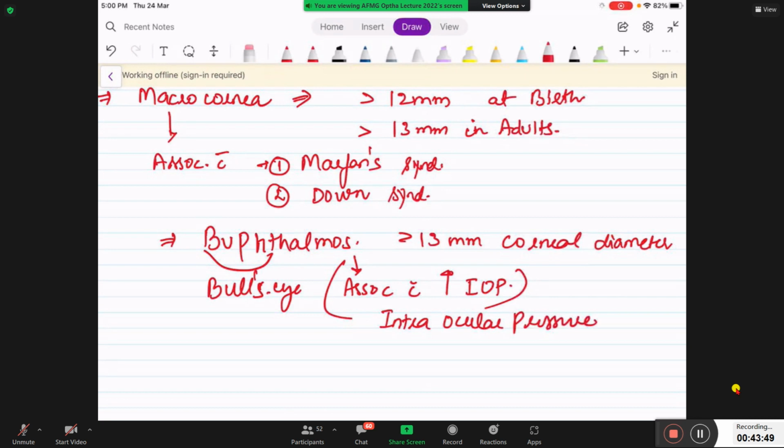We will discuss it in glaucoma. Normal IOP is 11 to 21 millimeters of mercury. Normal intraocular pressure in humans is 11 to 21 millimeters of mercury. This much is clear? Yes or no? Buphthalmos, bu means bull's eye. Yes or no in the chat box if it is clear?